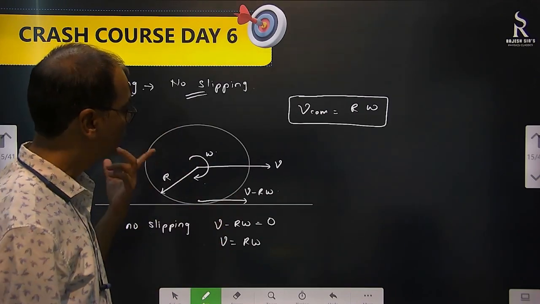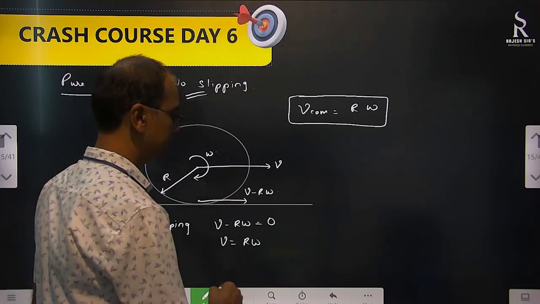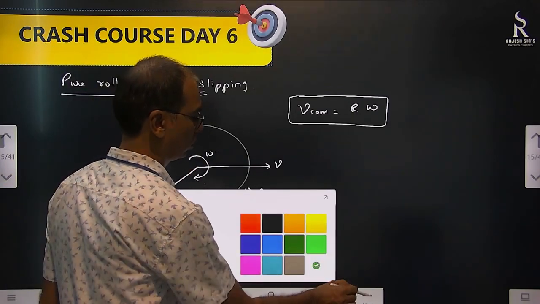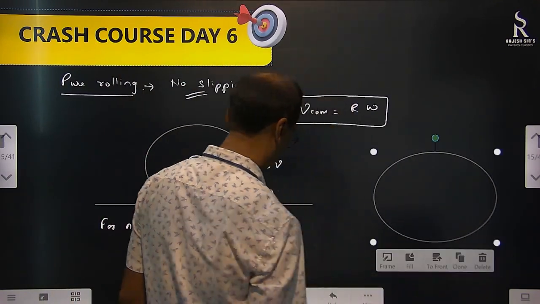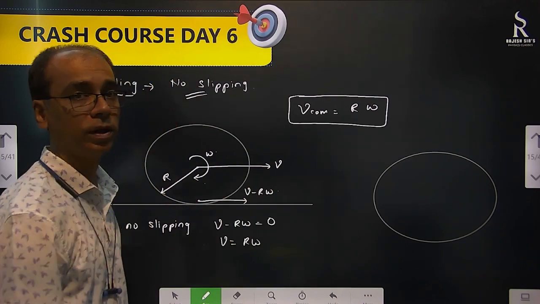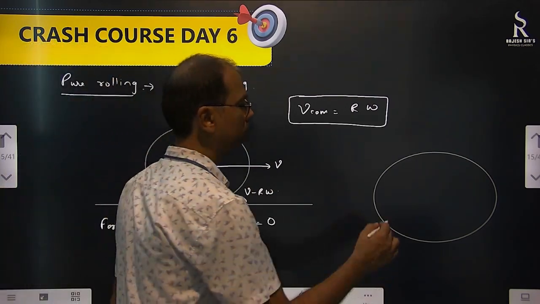So if it's in pure rolling, now what will be the velocity of all the points? That you'll see. Now we are going to find velocity of all the points. So velocity of the bottommost point is 0, we know now because this is pure rolling.